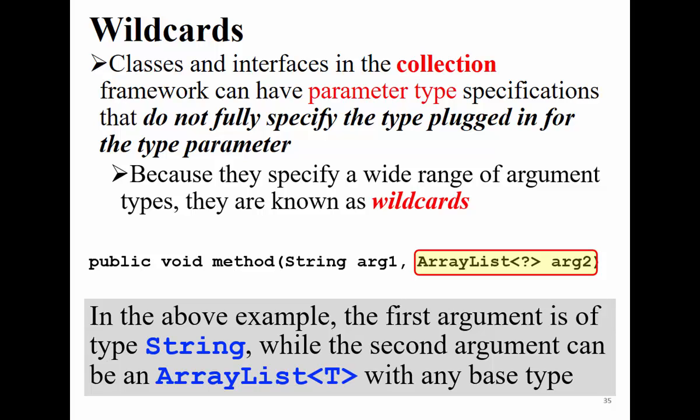So array list of any type, either I can say array list between the triangle brackets, I put capital T, or I say array list between the triangle brackets, I put question mark. It's the same thing, saying that I give you any array list of any type. Here I can give array list of integers, doubles, whatever I need. Yes, Java will understand the question mark as a type called wildcard. It can carry anything.